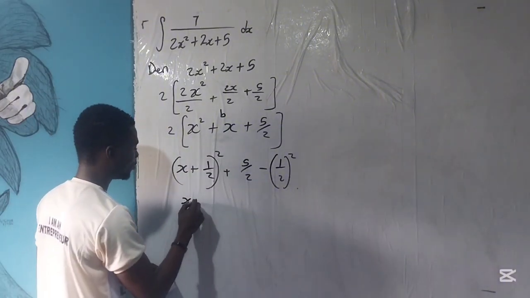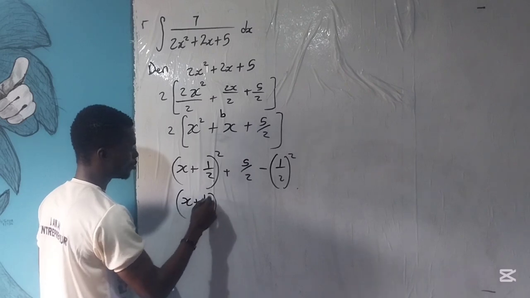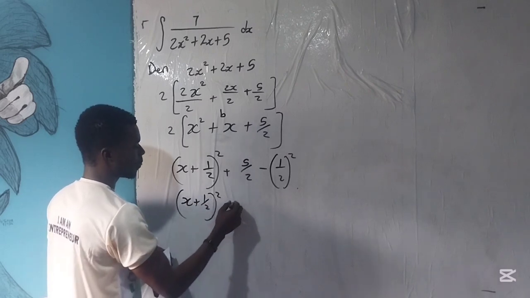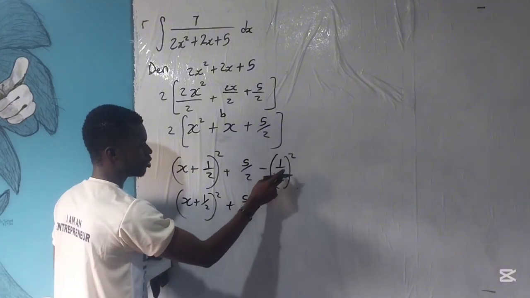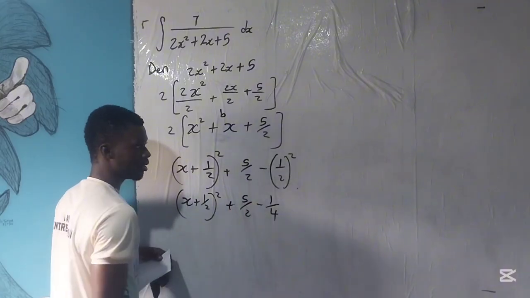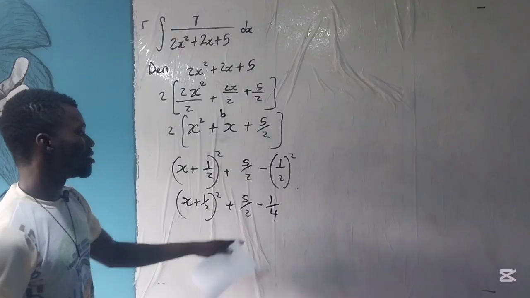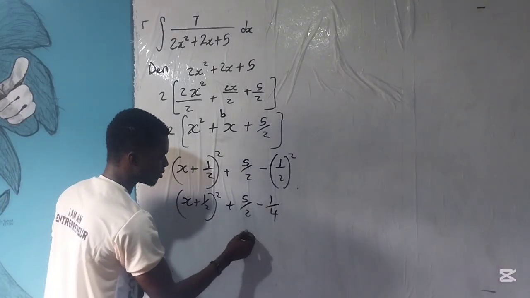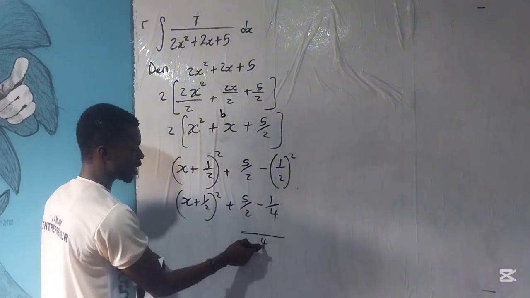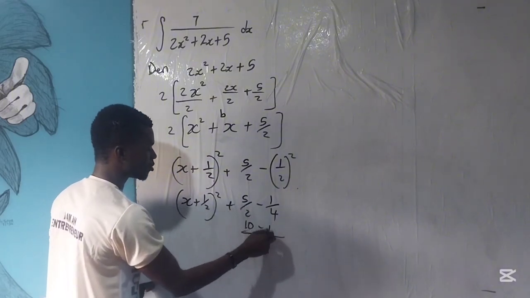That means you have x plus 1 over 2 squared. Now, this minus, that's plus 5 over 2 minus what? 1 over 4. Am I right? 1 over 2 squared means 1 squared, 2 squared. Now, if we subtract this, the LCM is 4. 4 into 2, that's 2. 2 times 5, that's 10. 10 minus 1, right?